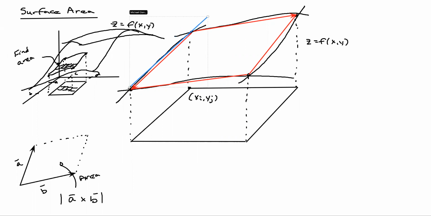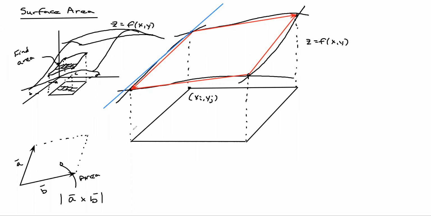It's pretty close, right? It's about like that at that point. So it's pretty close to our red vector. Close enough that we're just going to say they're good enough. And if we take the tangent line information, we could use it to define what this red vector is.